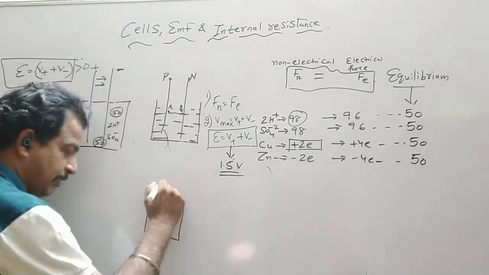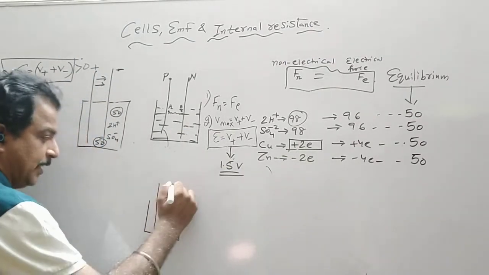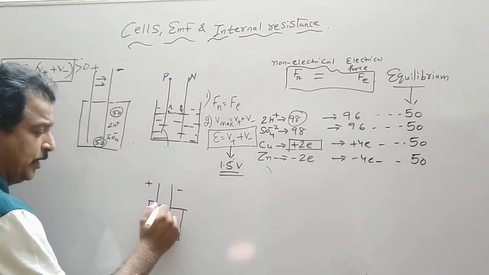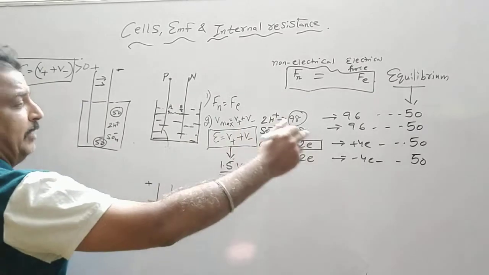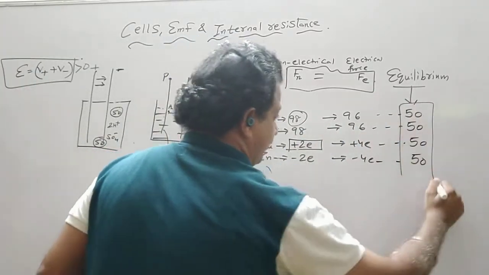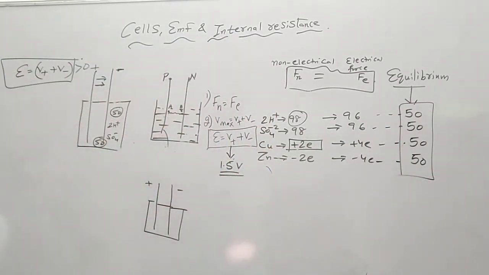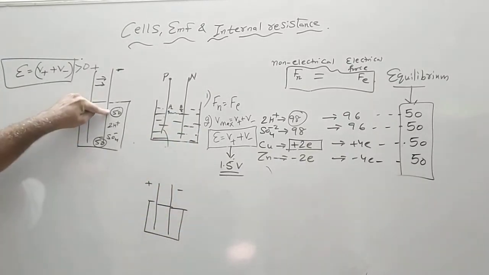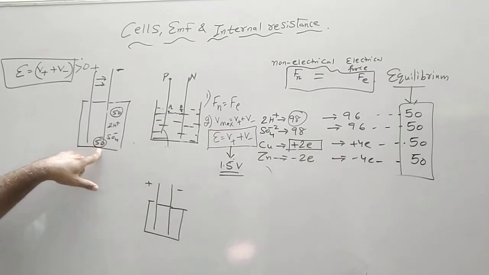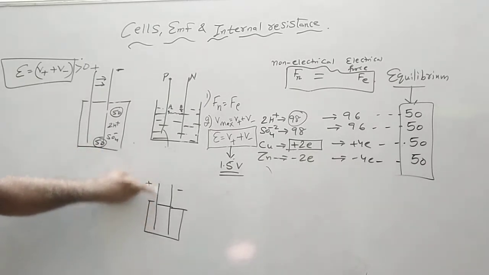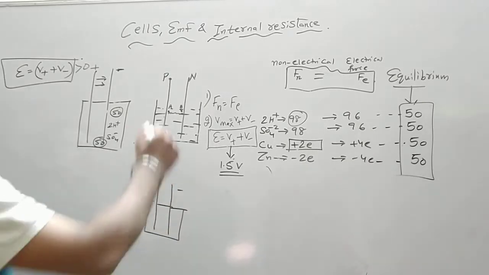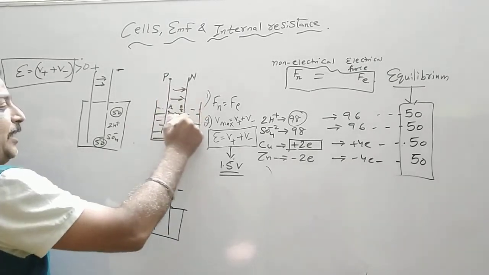Now we connect it with the device. This is plus, this is minus. What is the situation inside? What is the number inside? Everything is 50 now, so no motion of the ions is there. There are 50 positive ions and 50 negative ions. 50 positive charges are on this rod, 50 negative charges are on it, and an electric field is established.